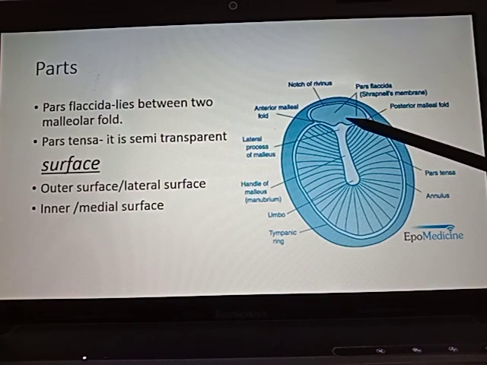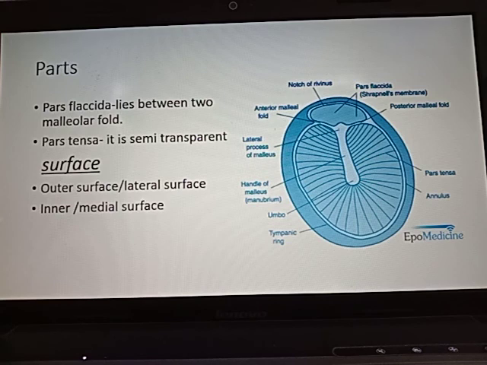This is one malleolar fold, and above it is the pars flaccida. It is thin, transparent and bilaminar. It has no fibrous tissue between the two layers, and a thin areolar tissue is present in this place. Sometimes accidental perforation may occur in this pars flaccida part.